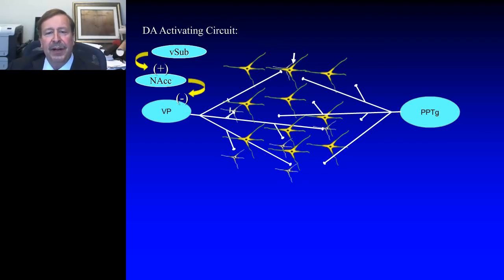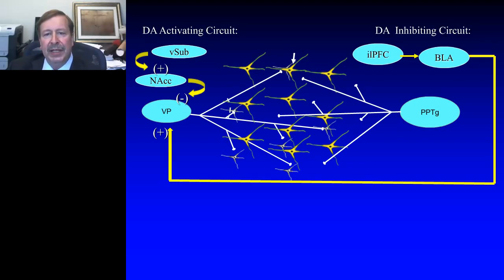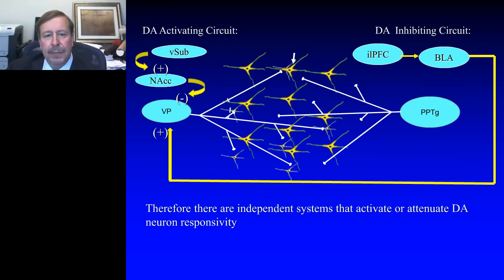So we have two circuits: a dopamine activating circuit working through the ventral subiculum that inhibits the pallidum, and a dopamine inhibiting circuit that works through the amygdala to activate the pallidum. Therefore, we have independent systems that can either activate or attenuate dopaminergic neuron responsivity.